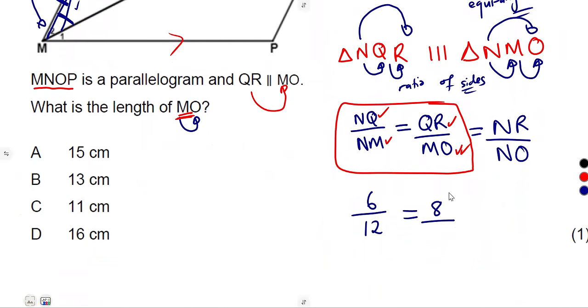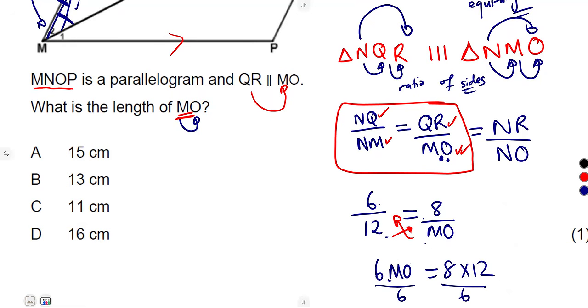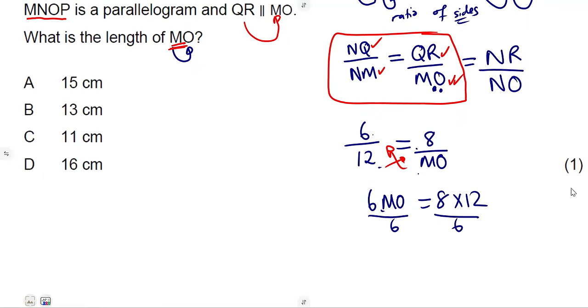So that's it, guys. We can calculate our MO. So we have an equation. Simply solve, guys. Cross multiply the 6 times MO, which is 6 MO is equal to 8 times what? 8 times 12. Then we're going to simply divide by what? By 6 to get rid of that 6 here.